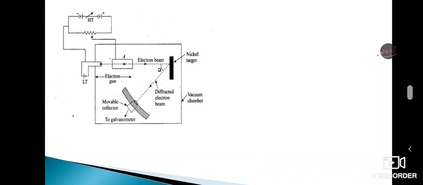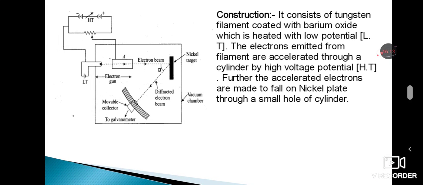The same diagram we consider again, and we will see the construction of this setup. It consists of a tungsten filament coated with barium oxide, which is heated at a low potential, that is LT, low tension. Then the electrons emitted from the filament are accelerated through a cylinder by a high voltage potential, that is HT, high tension.